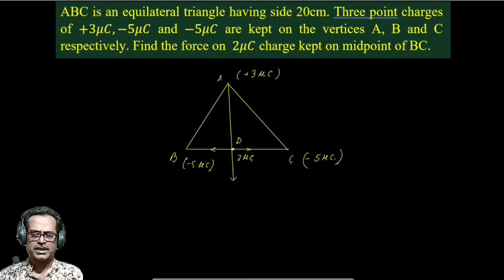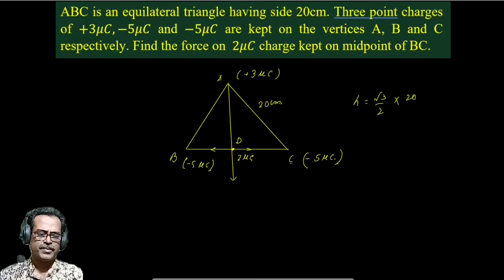Now what will be the magnitude of the force? Side of the equilateral triangle is 20 centimeter and height of this, we know that h is equal to root 3 by 2 into 20, that is 10 root 3 centimeters.